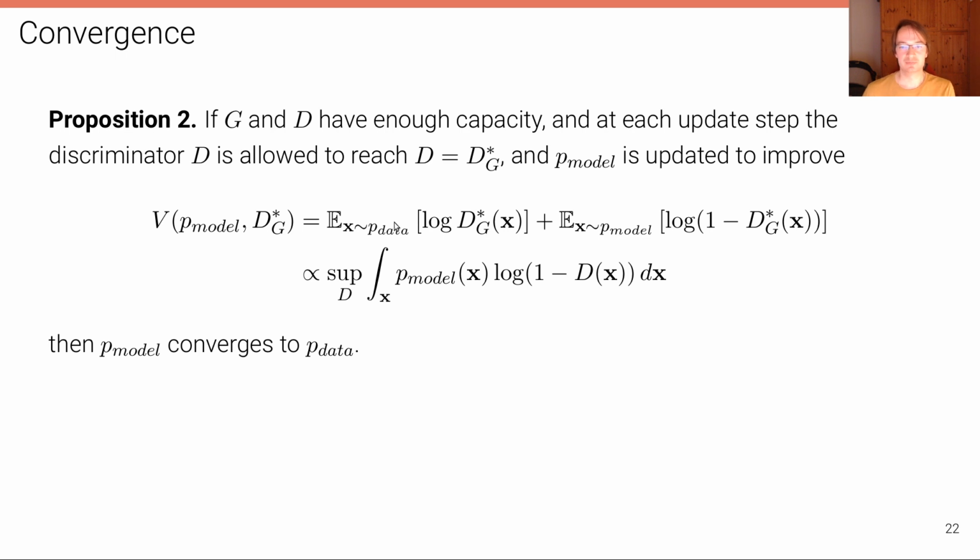And this is proportional, because what we have here is a function that depends on the model distribution. The first term here is constant with respect to the model distribution, it doesn't depend on the model distribution.